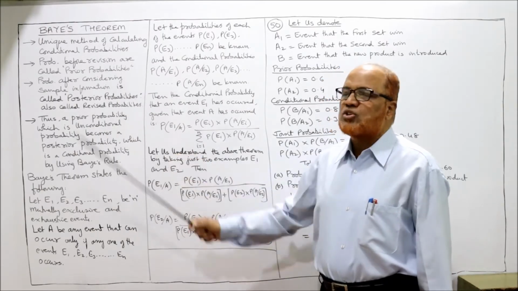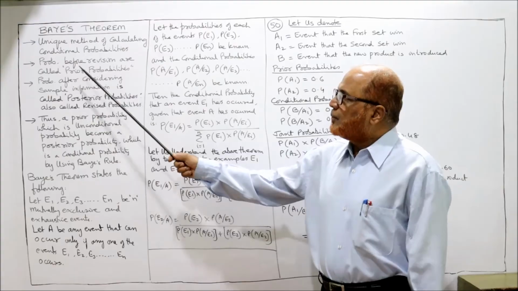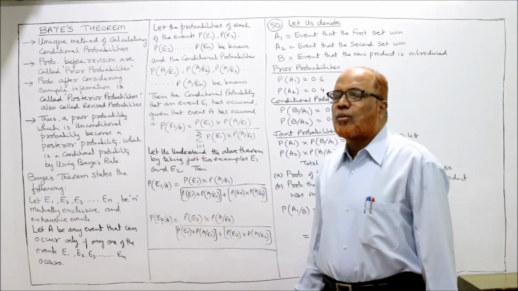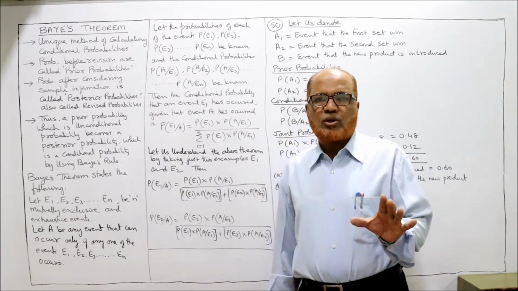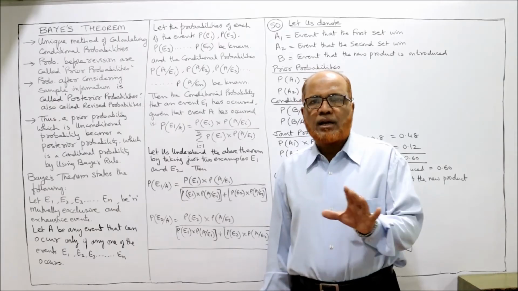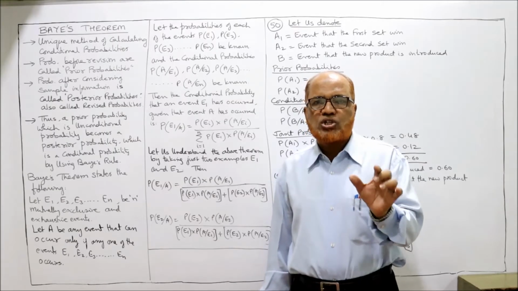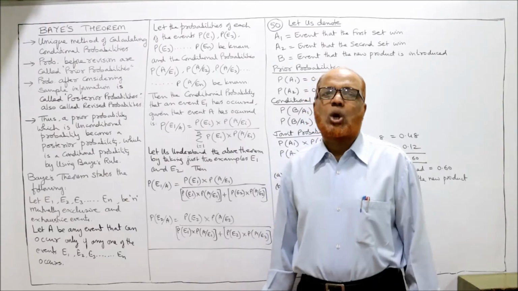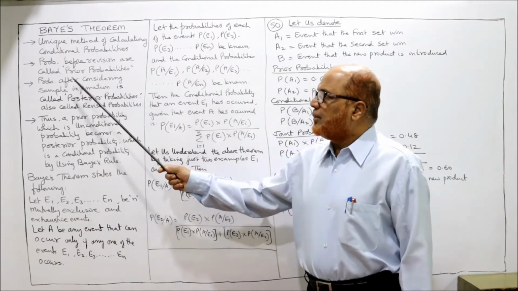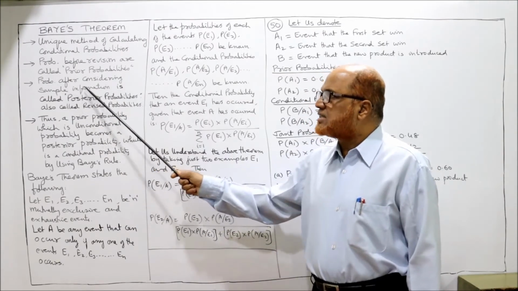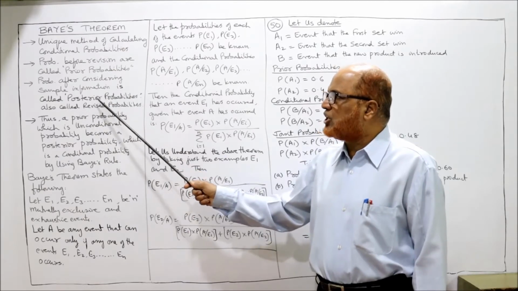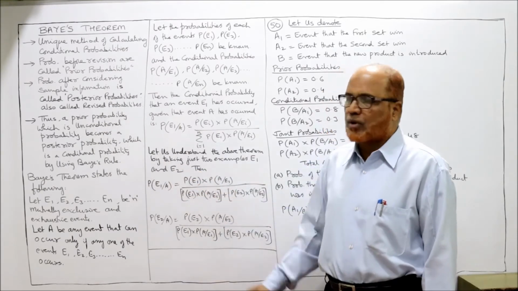The probability before revision is called prior probability. अभी additional information use नहीं करे, कोई condition नहीं है, so the unconditional probability which we calculate is called prior probability. Then the probability after considering sample information is called posterior probability, also called revised probability.